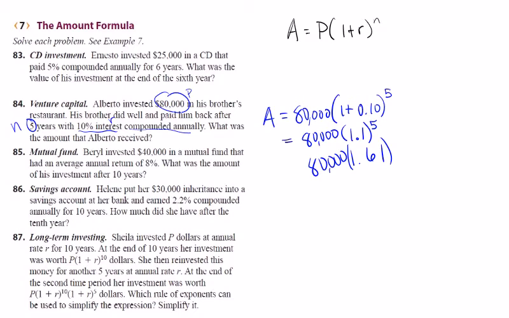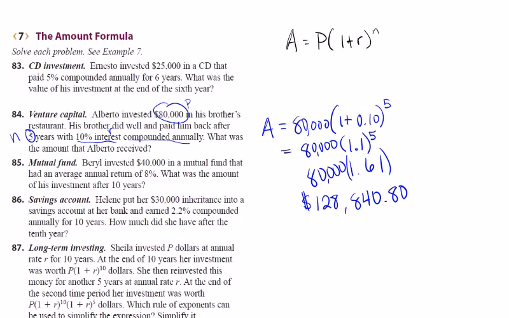And we would get 128,000, excuse me, $128,840.80. All right, and so basically that's it.